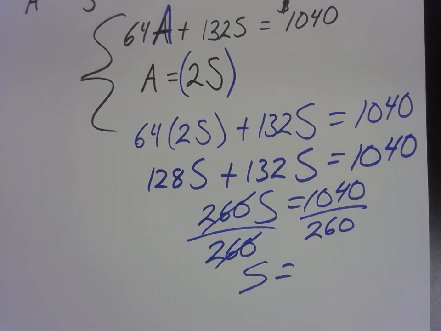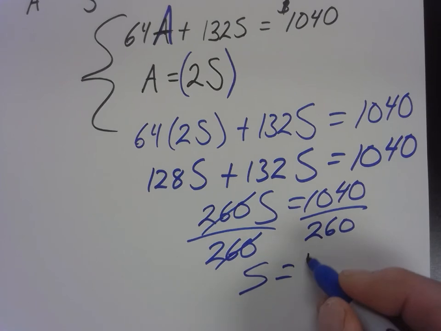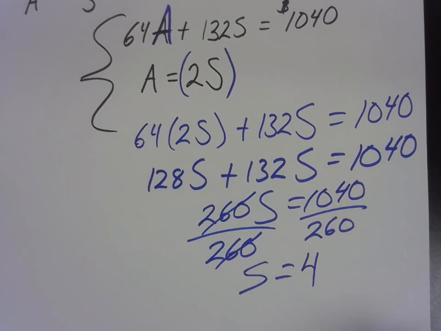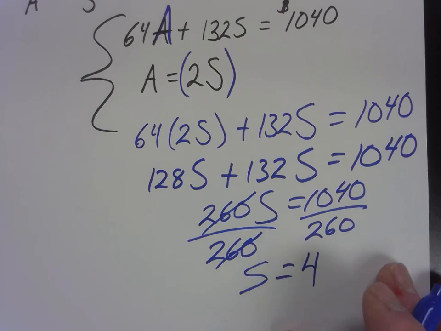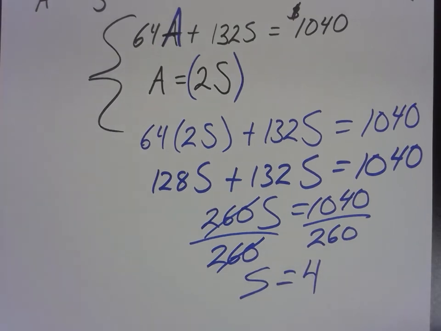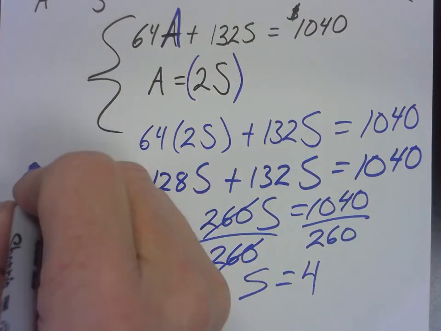Somewhere around 4? Yeah, that's my guess. 4 on the dot. Okay. So a student ticket costs $4. You okay with that? Student ticket costs $4. What about an adult ticket? 8.